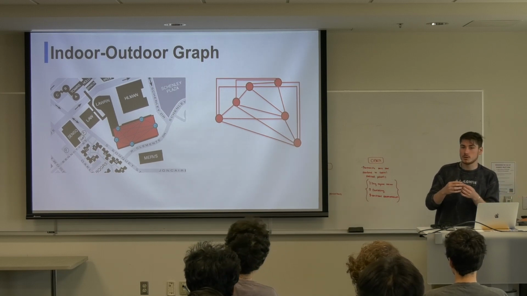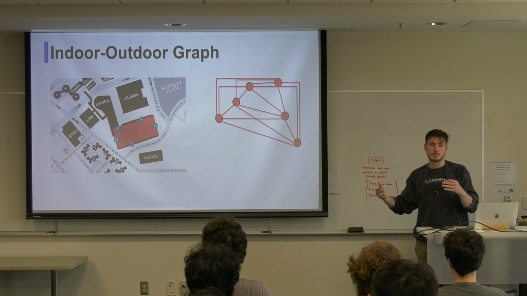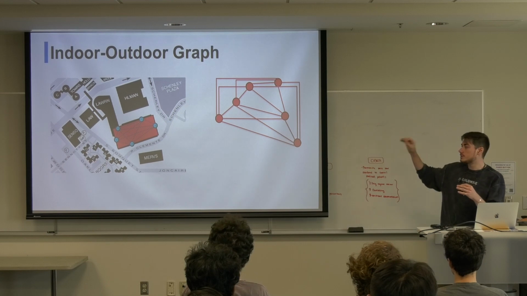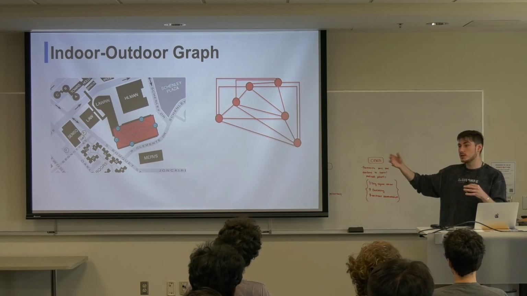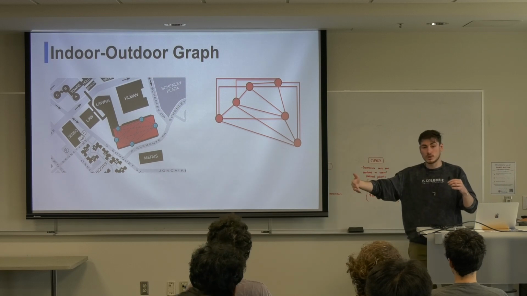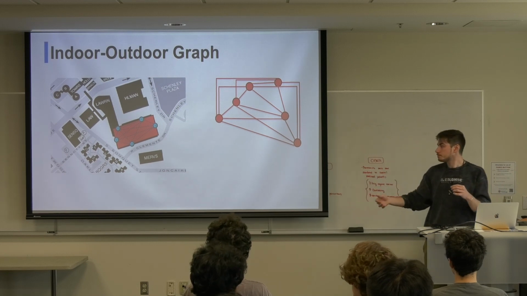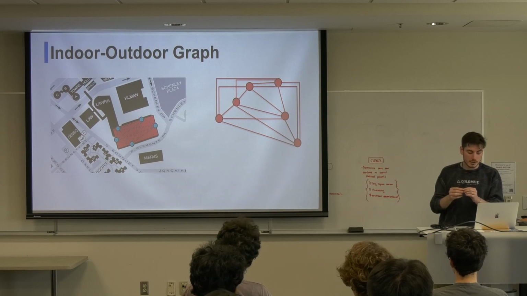Now, one of the constraints I was talking about was predicted congestion, right? And so this indoor graph actually has to be dynamic. It has to populate those indoor edges with the amount of congestion that the user would experience when they arrive at that building. And so this indoor graph is dynamically constructed during pathfinding.